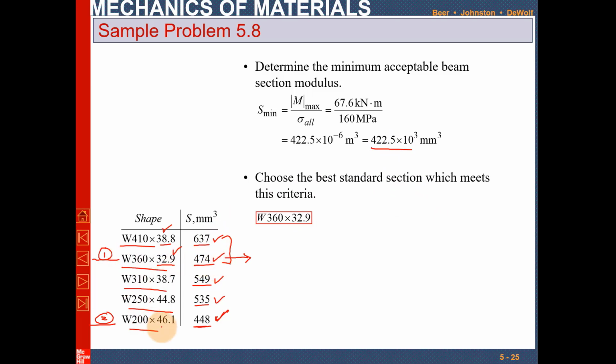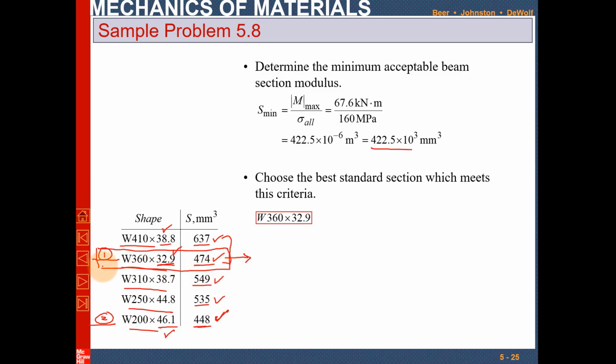But if we compare both, we can see that the second is 32.9 kg per meter, and this is 46.1 kg per meter. Obviously the weight of this wide flange beam will be very high compared to this, so we will select this beam.